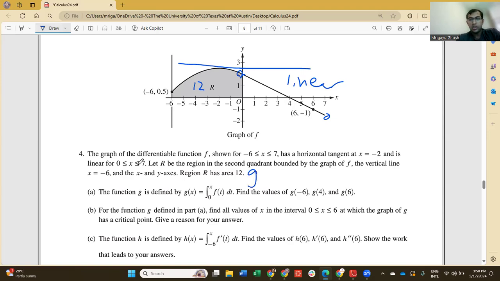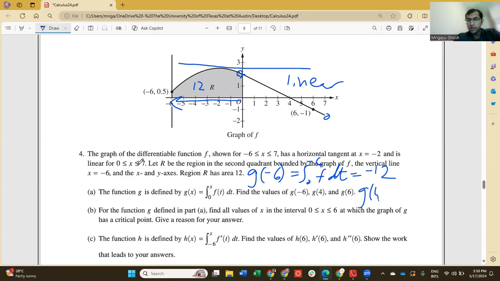So remember, g of -6, we just plug in -6. We're going to get the integral from 0 to -6 of f dt. Here is the only thing that's different. If you go this way, the area would be -12. So this is testing whether you know the properties of integrals, right? If we went from -6 to 0, it would be 12, but we're going in the opposite direction.